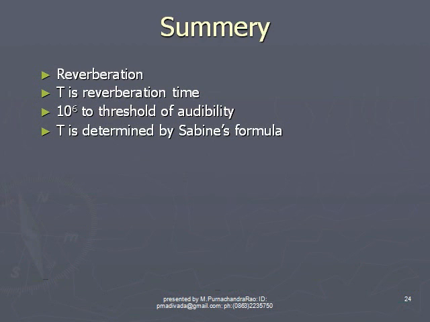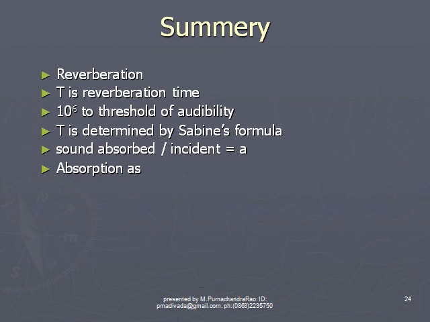We measure this reverberation with a time known as reverberation time, which is the time taken from an initial level of 10 to the power of 6 times the threshold of audibility down to the threshold of audibility. This time changes with the absorbing surfaces and the nature of the absorbing materials inside the room.